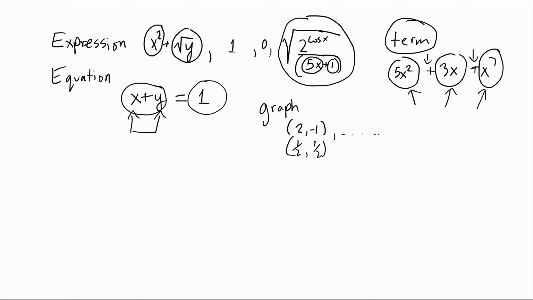These are just different things. But a graph is all x, y coordinates that actually make the equation statement a true one. Okay, so an equation is something that could be true or false depending on what values you're plugging in actually are. So we have expressions, terms, equations.